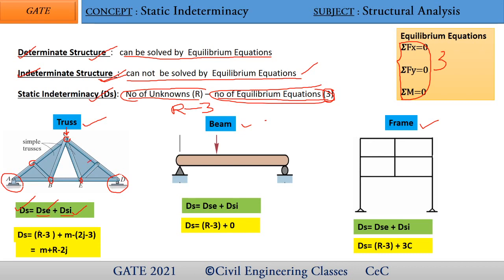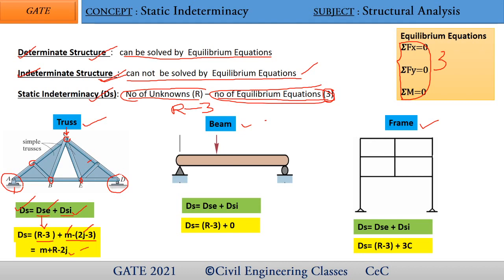So for a truss, the external static indeterminacy is equal to R minus 3. And for internal static indeterminacy we have this formula: m minus 2j plus 3. Here R is nothing but the number of support reactions, m is the number of members, j is the number of joints. So you can remember this formula, or if you solve this you will get this equation.